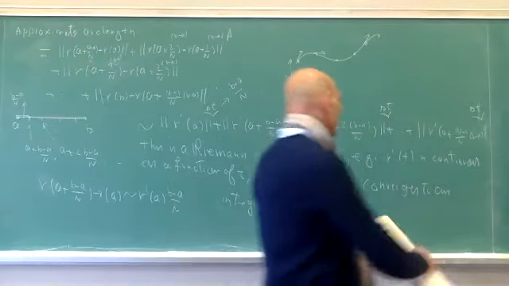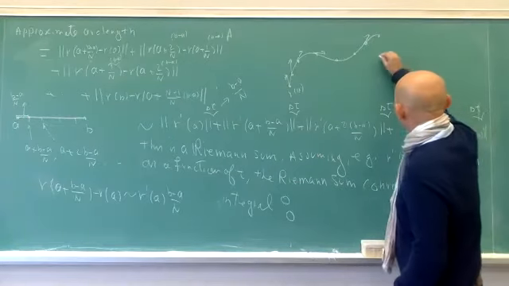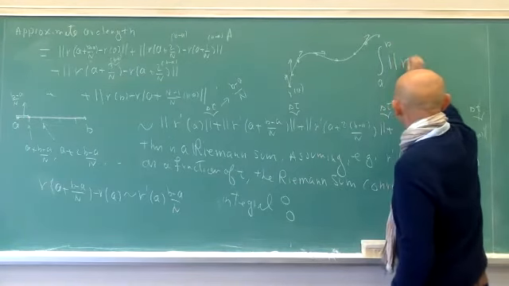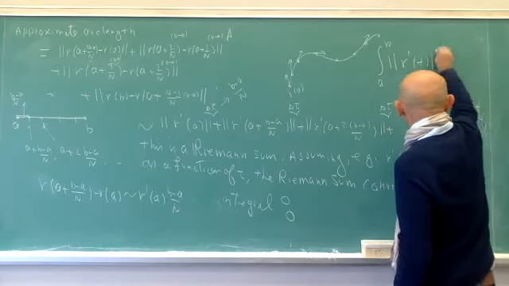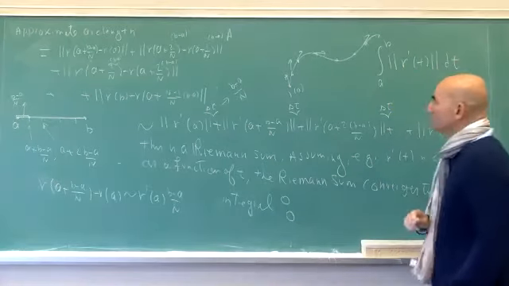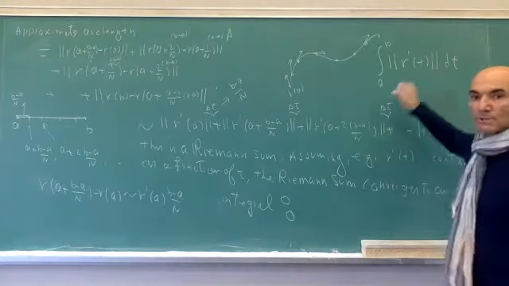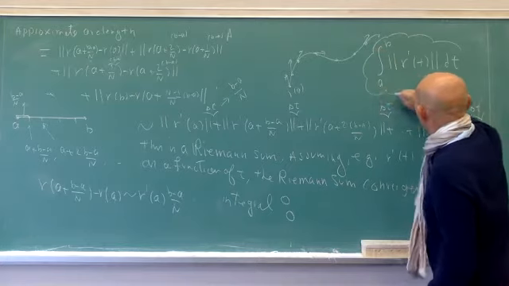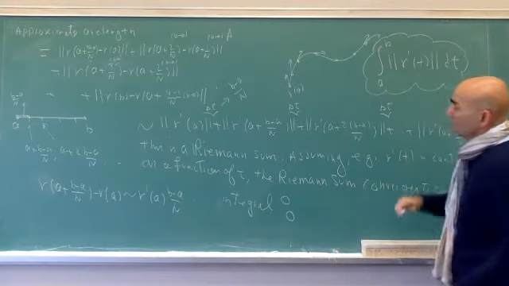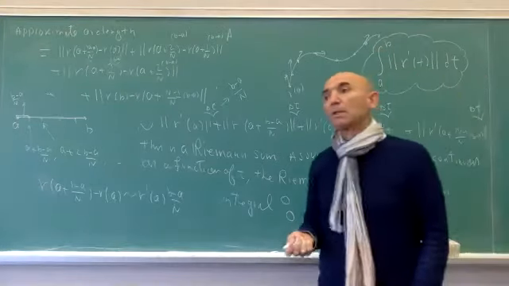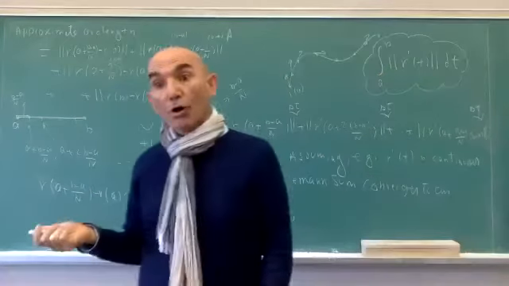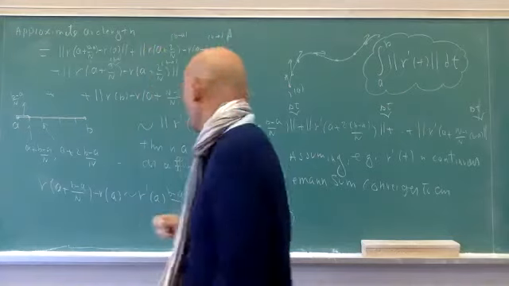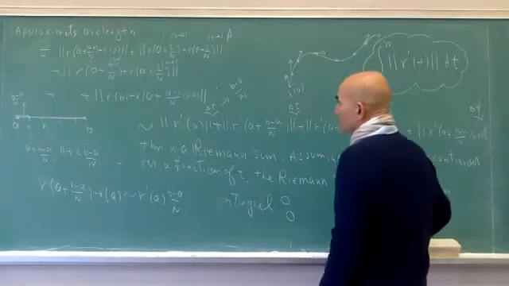The integral is this: the integral from a to b of the norm of r prime of t. This is what turns out to be our candidate, in fact our definition of arc length. That's what turns out to be the right answer. So let me then write it here.